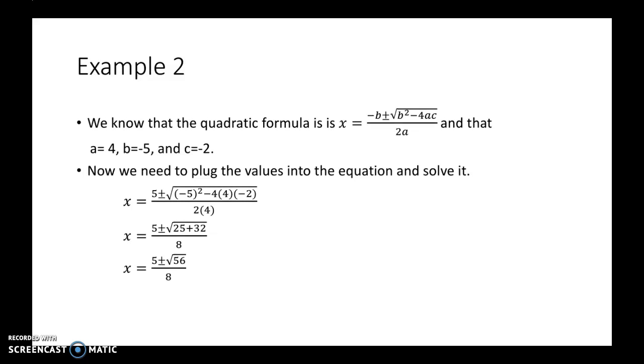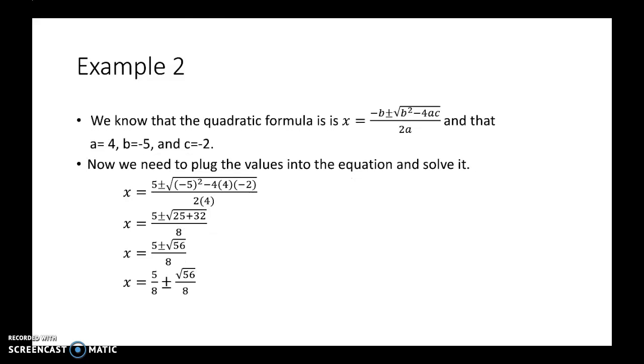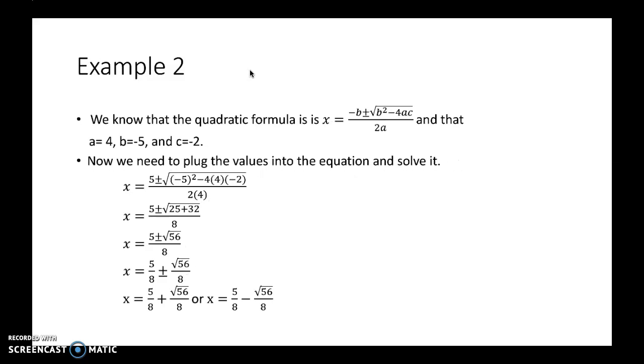And then we just add those to make it x equals 5 plus or minus the square root of 56 over 8. And then we can split up the fractions as we did last time, so it's 5 over 8 plus or minus the square root of 56 over 8.